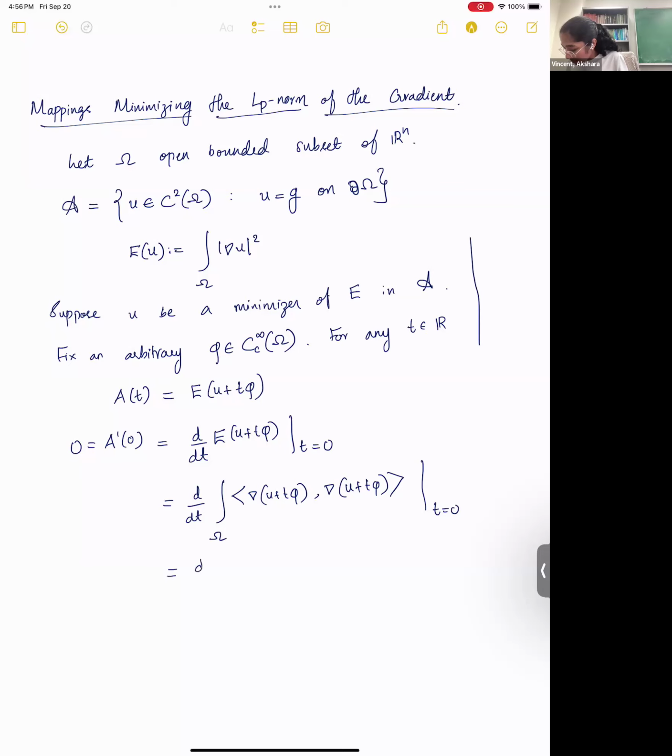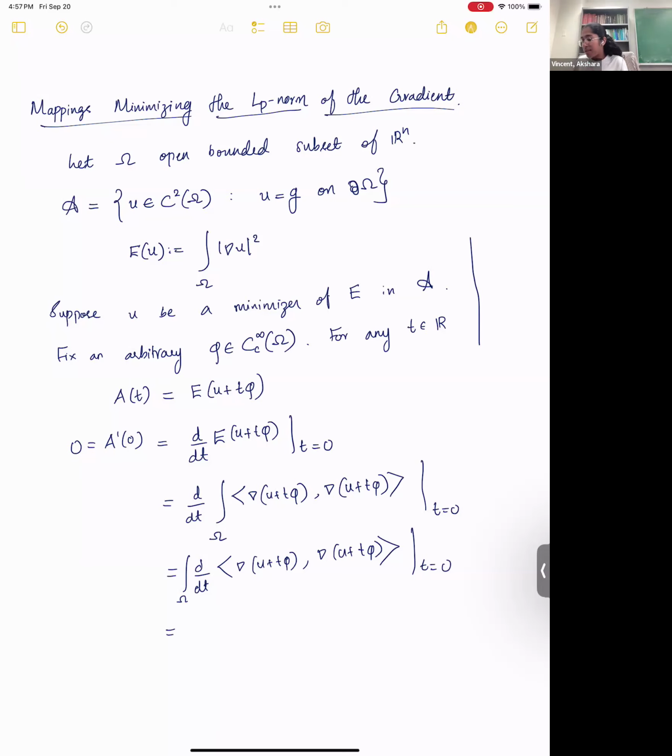We can take the derivative inside, and this is the integral of d by dt of the inner product of gradient of u plus t phi with gradient of u plus t phi at t equal to 0.